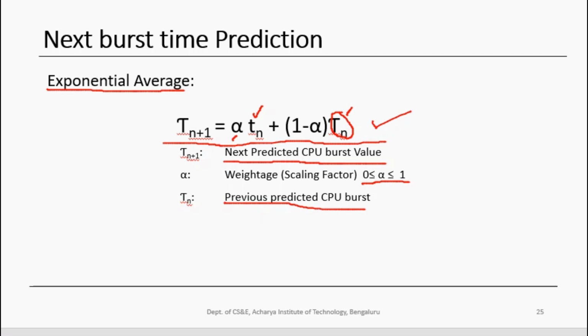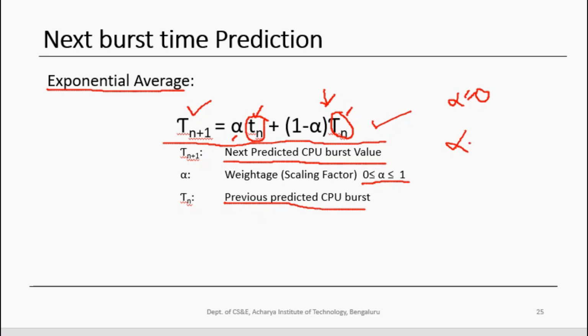In simple terms, you can take it this way. This Tn is the recent information that we get, and this tau n is the history. Now if you take the scaling factor alpha is equal to 0, then this CPU burst completely depends on the history.